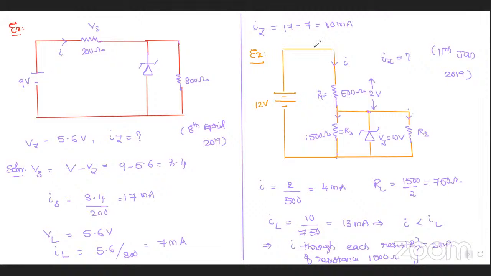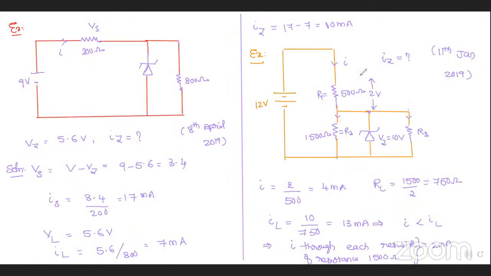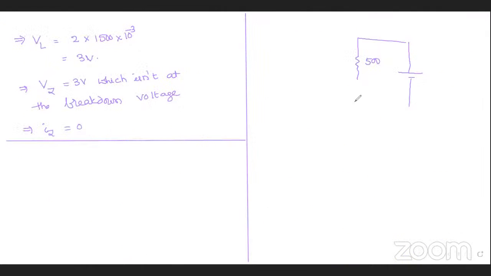This is 12 volts and this is 750. And here all together this is 750. Parallel of 2 resistors, and here you connected the Zener diode. I understood your point of view. Now for example, these 2 resistors are in series. Let us keep the Zener diode aside for a while.